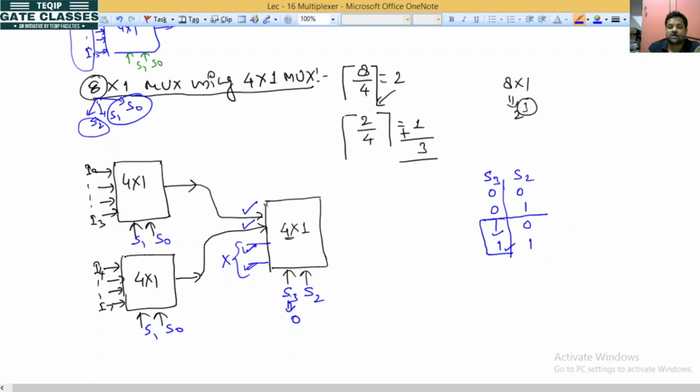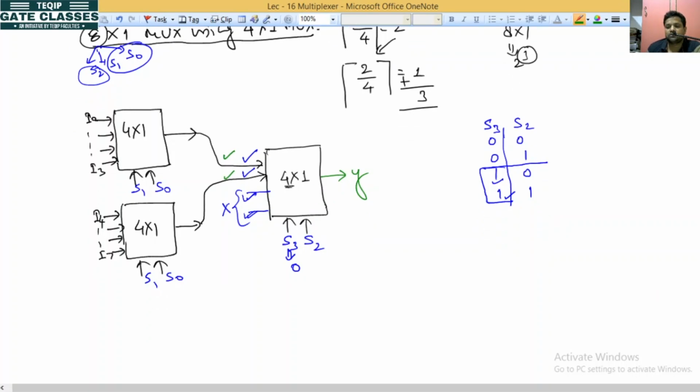That's why I have fixed the value of S3 as 0, so that only the above 2, this one and this one, go to the output. So this is the implementation of 8 cross 1 mux by using 4 cross 1 mux, okay?